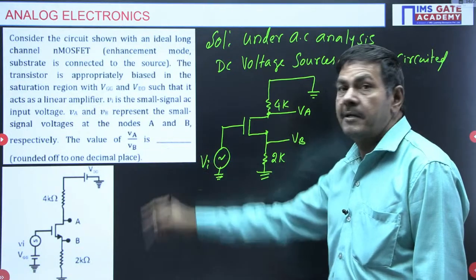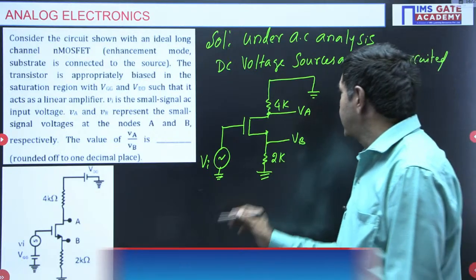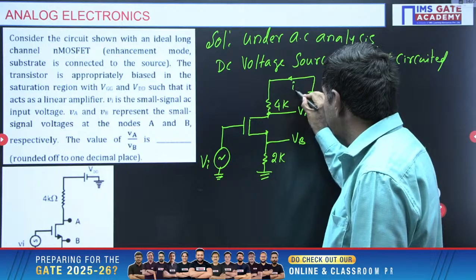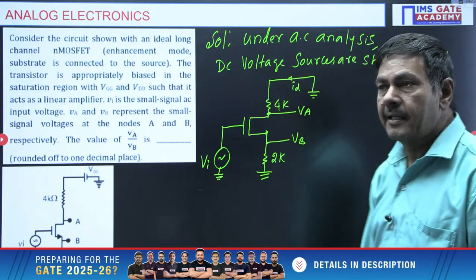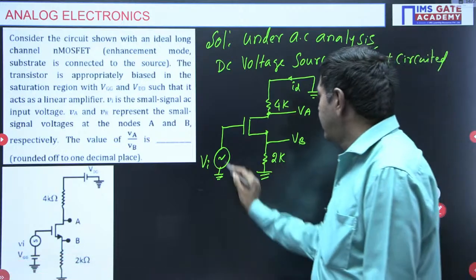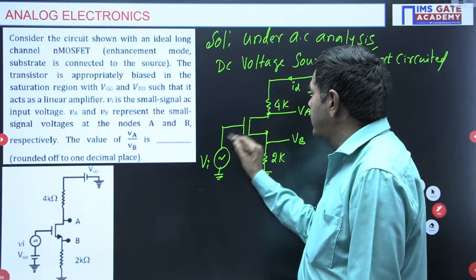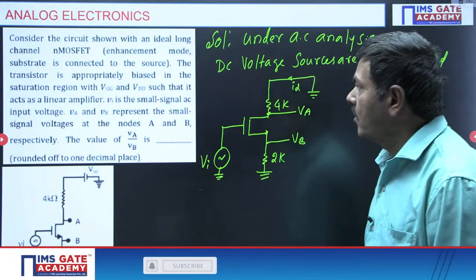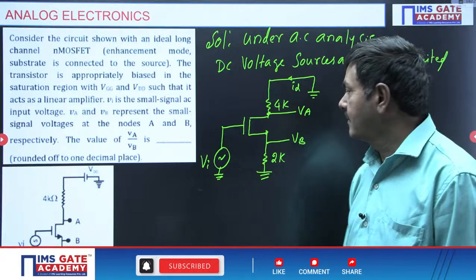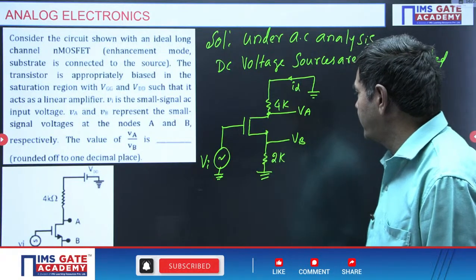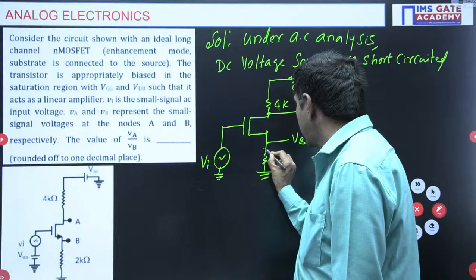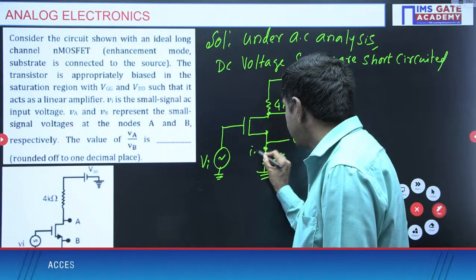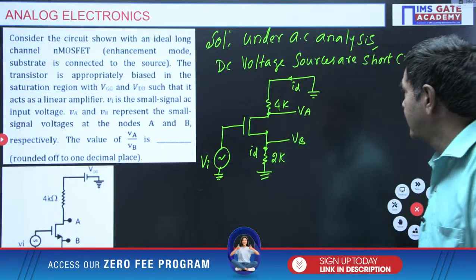You are asking VA by VB. Under AC analysis, the current passing through this side is the small ID, the drain current. The gate current is approximately 0, since the input impedance of the NMOS is very high. So the same ID flows through both sides.